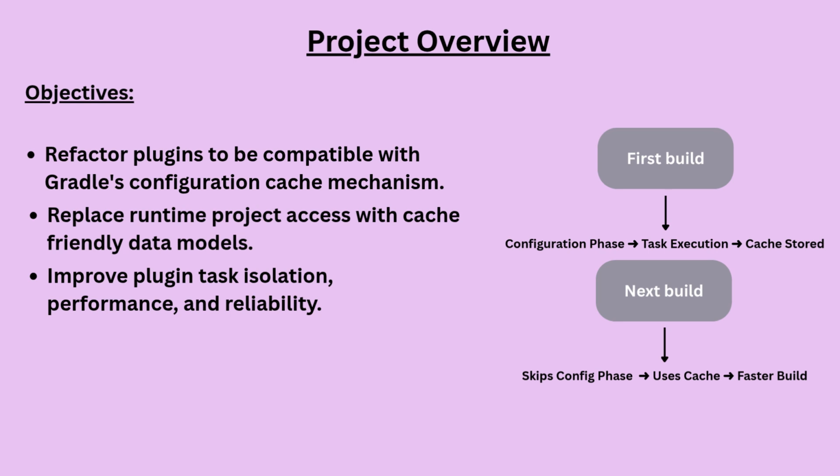My work involved refactoring plugins to make them compatible with this mechanism and replacing runtime project access with cache-friendly data models and ensuring tasks are isolated, stateless, and reliable for caching. This improves both performance and developer experience.